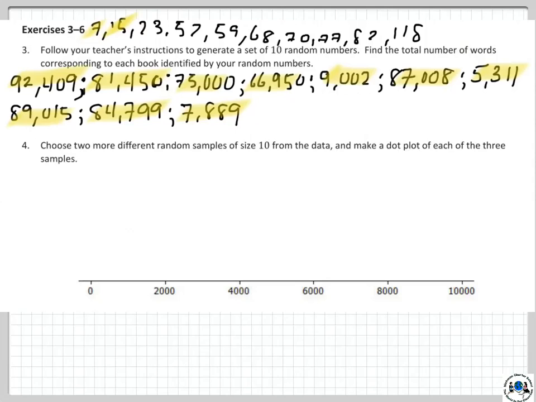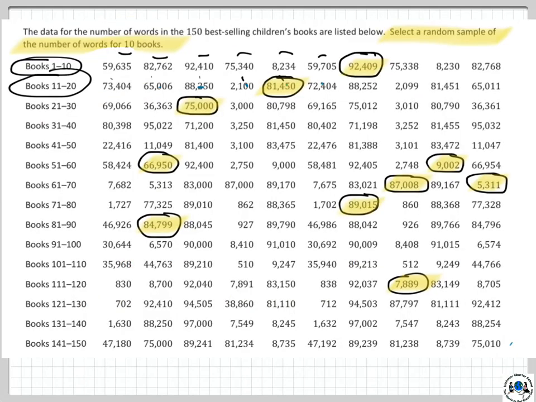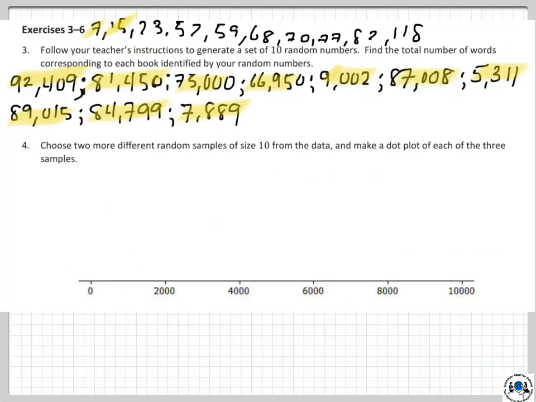I'm going to write them here, and this way you can find out which numbers correspond to those on this table here. And again, there could be a repeat of these, because we're going to take a whole brand new sample. One of these numbers up here could repeat. That doesn't matter.